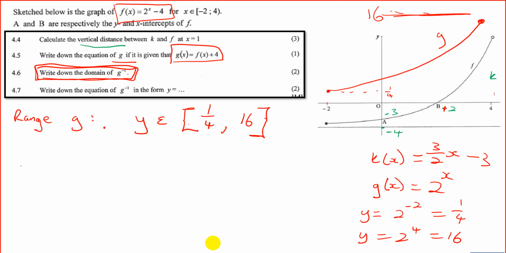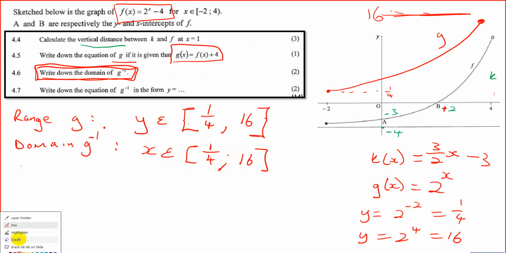Right, so remember what I said, the inverse, you swap x and y, and you swap your range and your domain. So your domain for G to the minus 1, which is the inverse of G, is equal to the range of G, which will be x is an element, and the range is 1/4 to 16 for G. That becomes the domain. We go to the last question, and the last question is dealing with inverse as well.